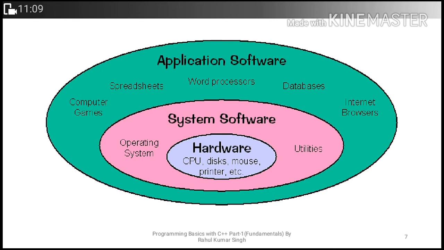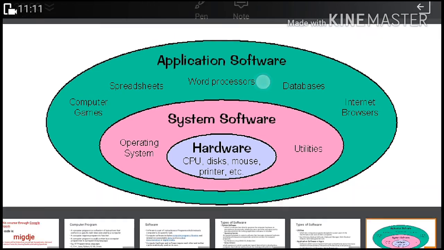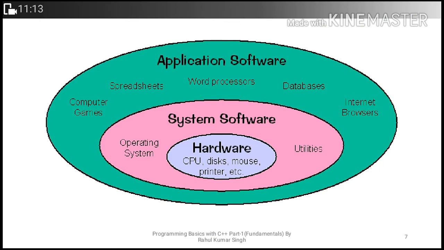Application software interacts through the system software with the hardware, performing tasks through system software like operating systems. The outermost layer is the users. The user uses the application software, which runs on system software, and system software can easily operate the hardware.